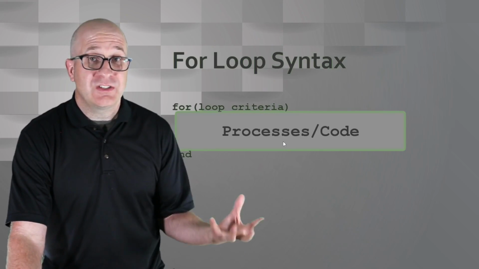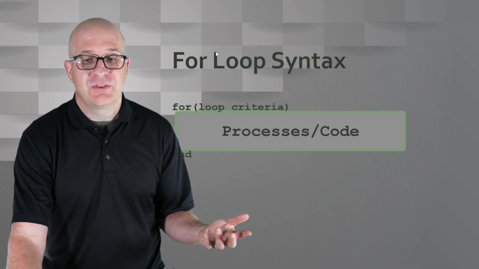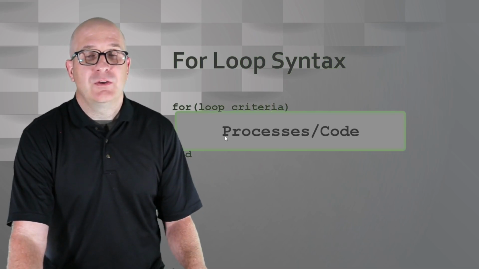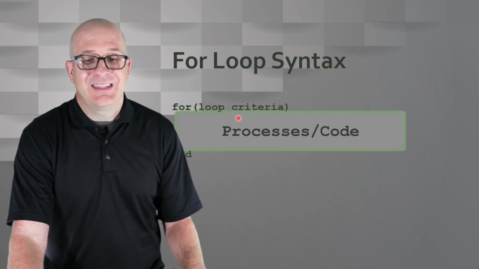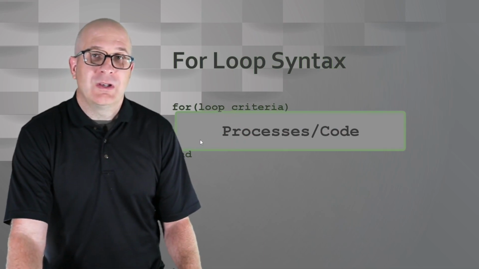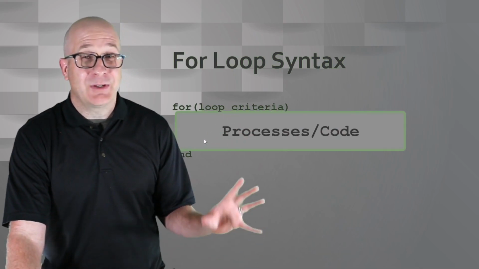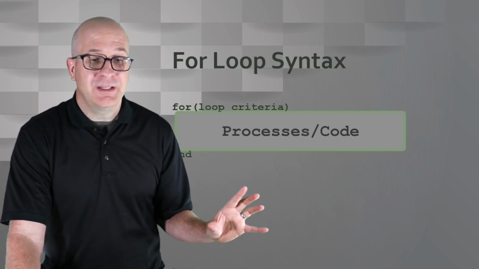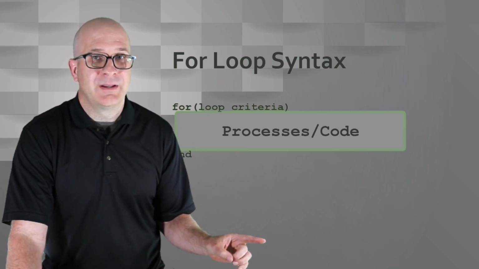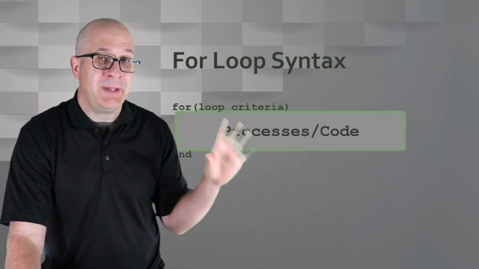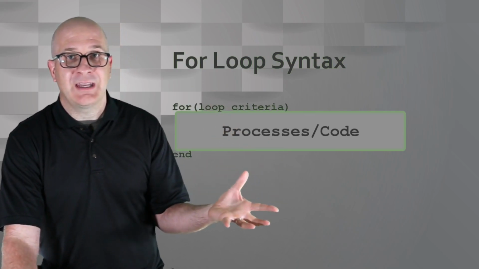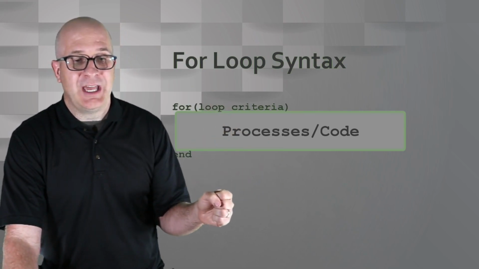Just as a recall, the for loop syntax is you have a criteria, then you have some code, and the code inside of the for loop is repeated. So why don't you pause the video here and give it a try to see if you can write the code on paper for a sine approximation at a location x.